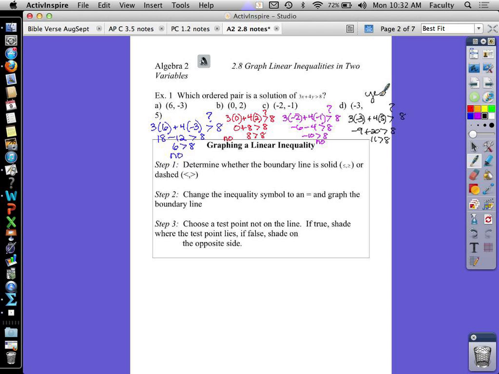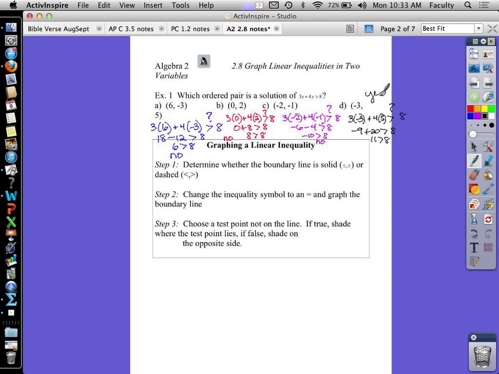I thought, oh, that's kind of interesting. So solid has the or equal to, dashed has less than that, so it's not the full line. Step 2, change the inequality symbol to an equals and graph the boundary line. Step 3, choose a test point not on the line. If true, shade where the test point lies. If false, shade on the opposite side.